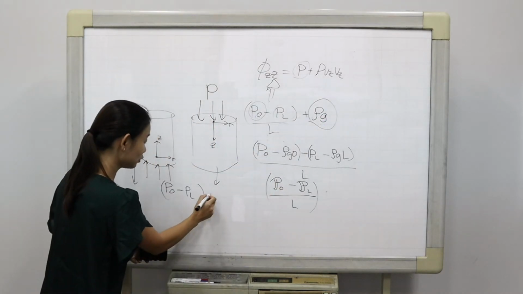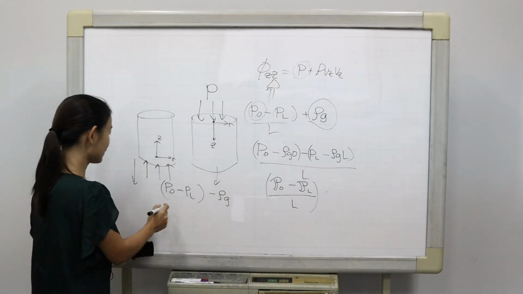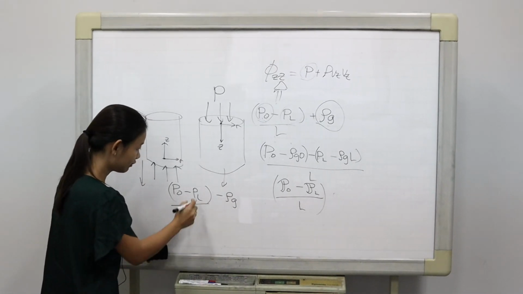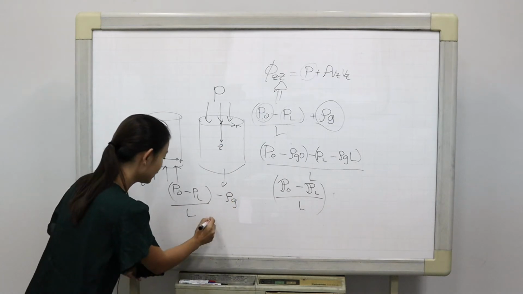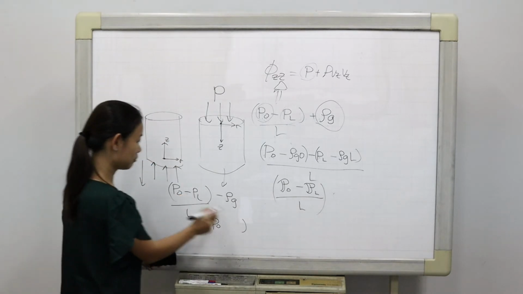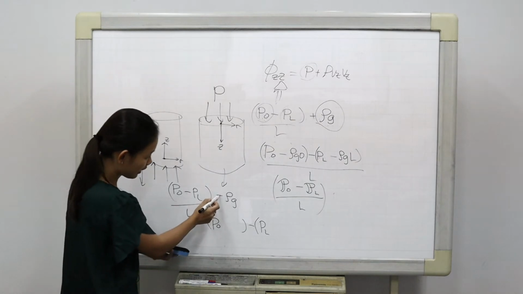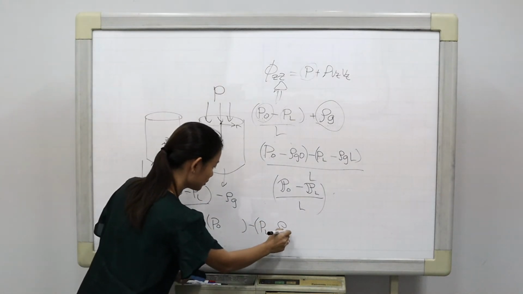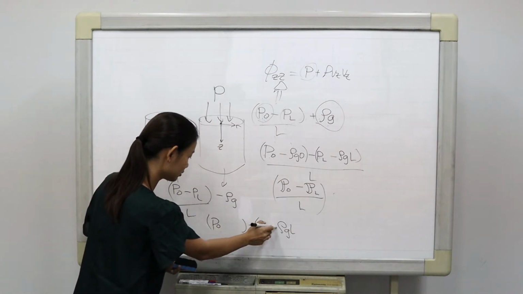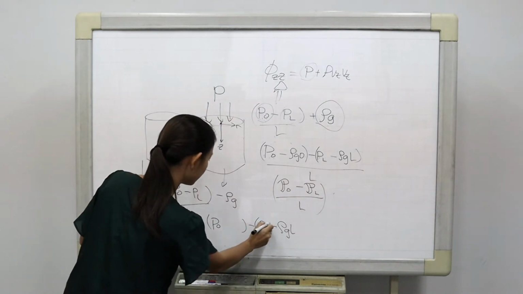These sections will be negative, because the direction is different. Then if I put it into the modified pressure form, I will have P0 minus PL, and it should be minus rho g L. It has to be minus, so I will put positive here.